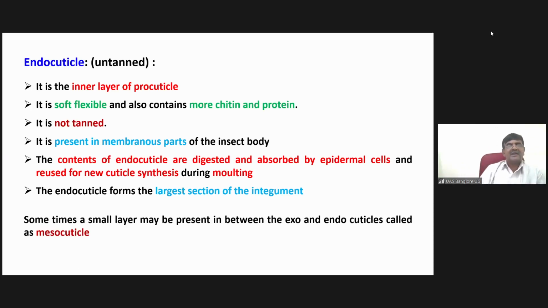Endocuticle comprises the largest section of the integument. Sometimes a small layer may be present between the exocuticle and endocuticle, which is called mesocuticle. This is about the endocuticle.